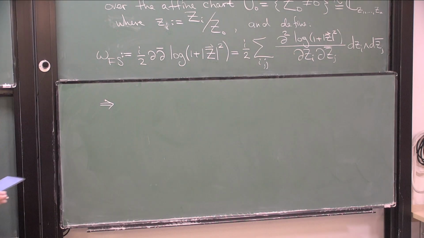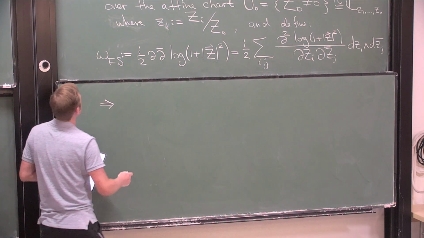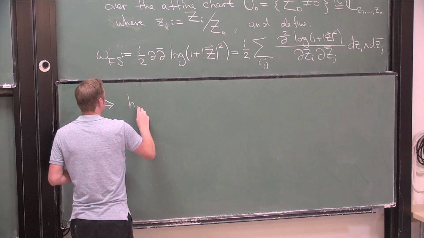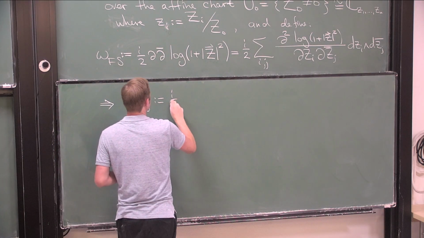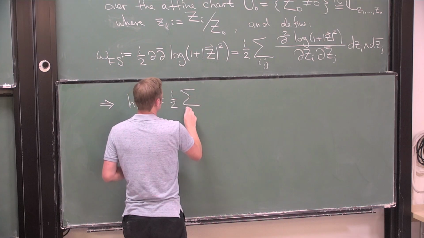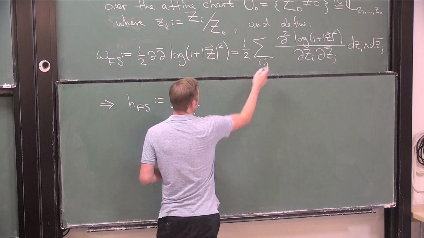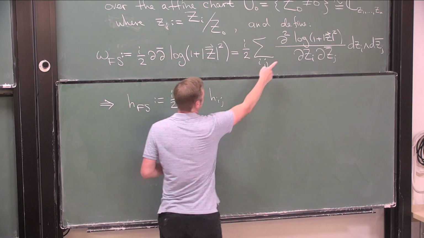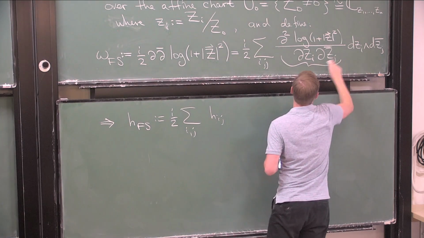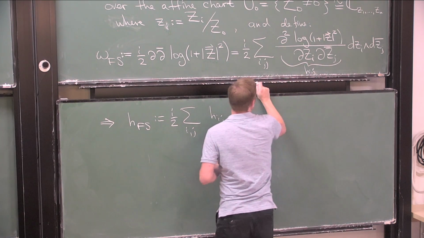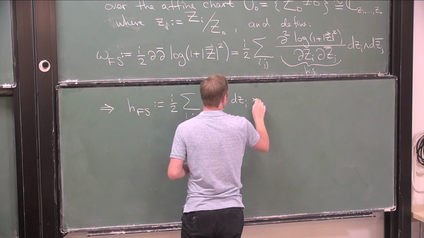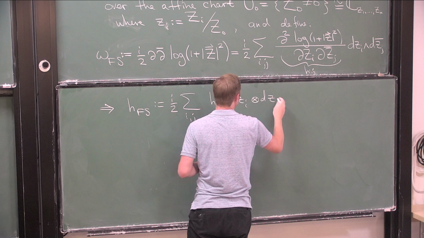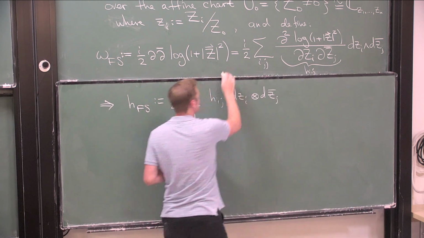So this is the Fubini-Study Kähler form. It gives you the Fubini-Study metric, which is defined in exactly the same way. I'll call this Hij, except now I'm looking at this as a 2 tensor rather than a 2 form.